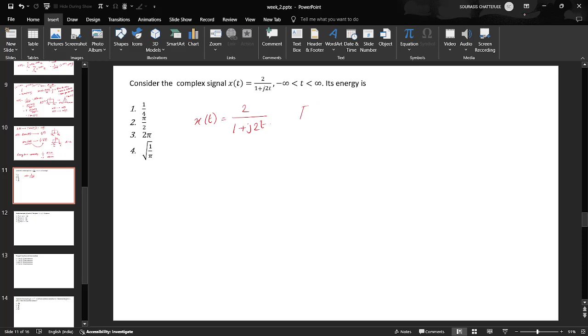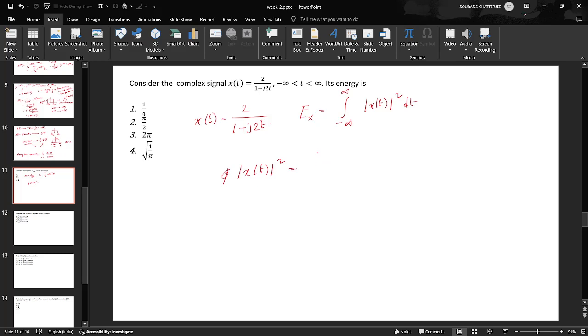Okay, so when it comes to computing the energy of this signal x, simply you need to integrate the absolute value square of x(t) from minus infinity to infinity. That's how you compute the energy. So this is going to be the absolute value of x(t) squared.